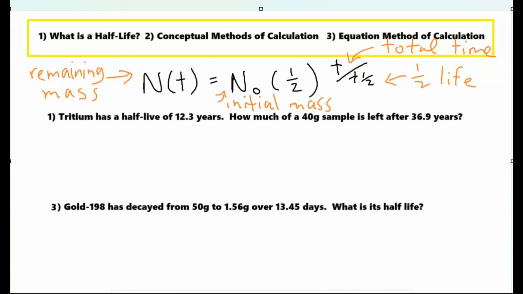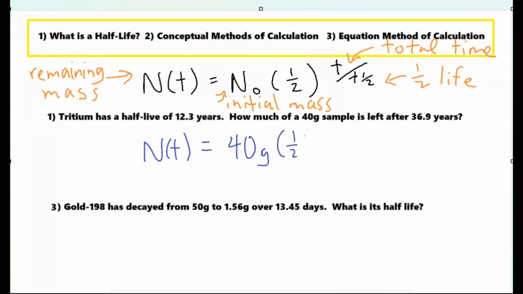All right, so let's go ahead and work out 1 and 3 and kind of see how this formula works out. So what we're going to do for number 1 is we can find out how much of the 40 gram sample is left after 36.9 years. That is the question. So we're going to be solving for the remaining mass. And then we have an initial mass of 40 grams.